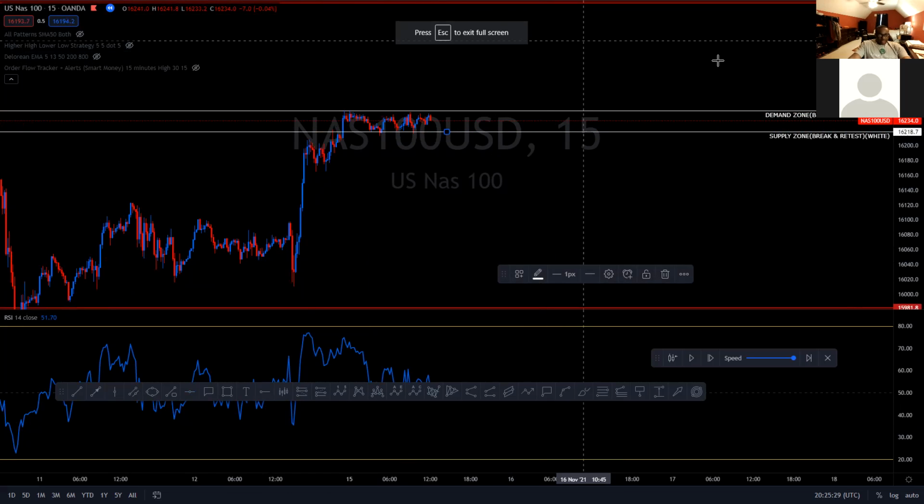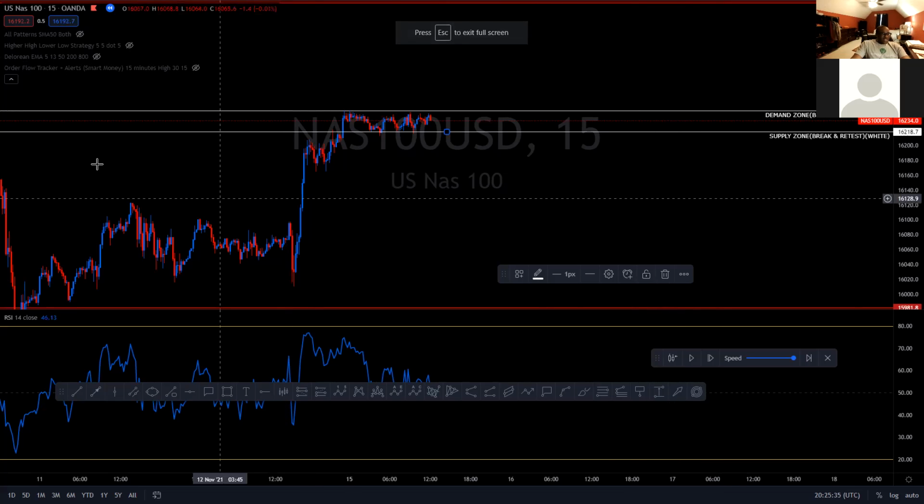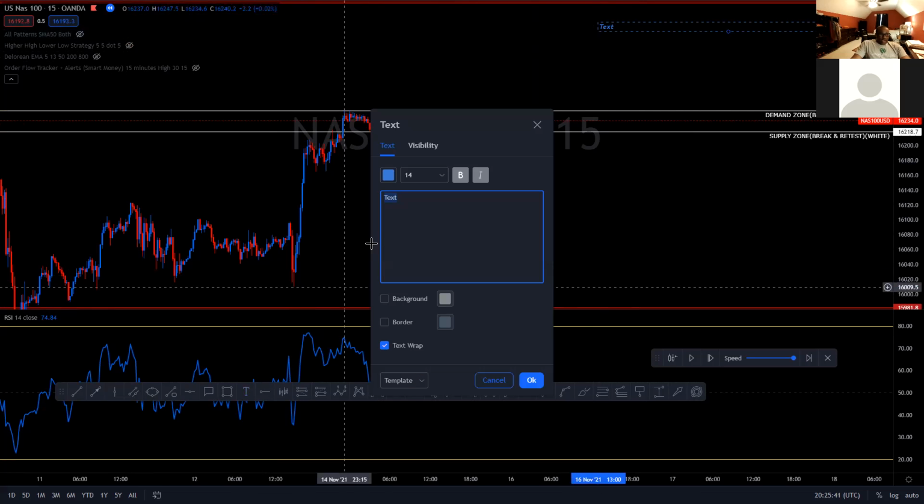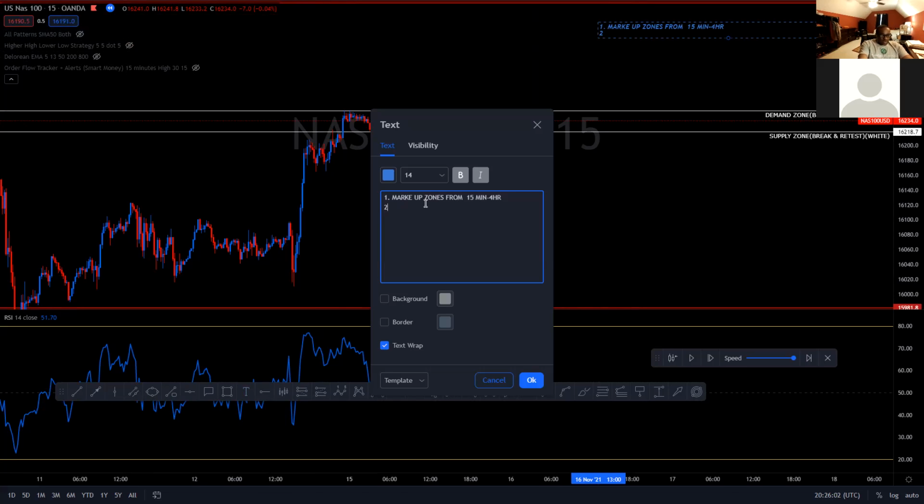Then my very next step is, and I'm actually going to write this out real quick here. Step one, mark up zones from 15-minute time frame to the 4-hour. Number two, identify a trend, which we did.